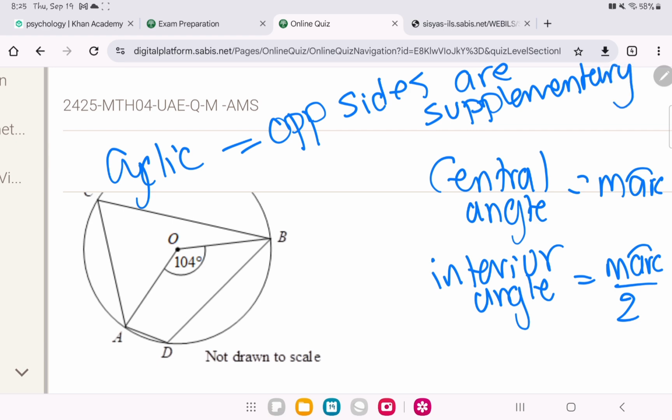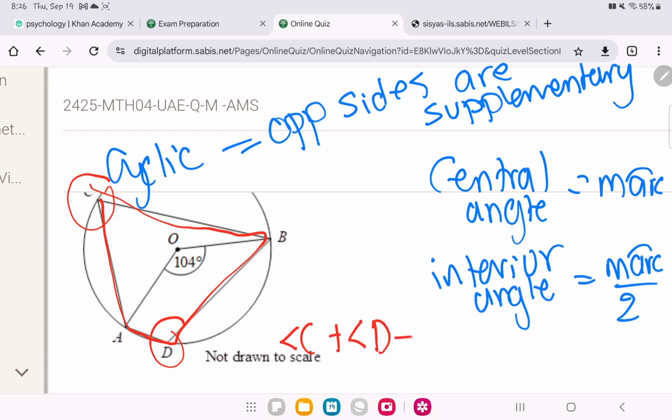So we have this quadrilateral, it is cyclic, okay, meaning it's an inscribed quadrilateral, so that means opposite angles are supplementary. So angle C plus angle D is equal to 180.